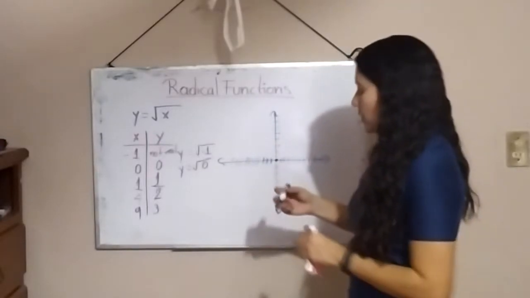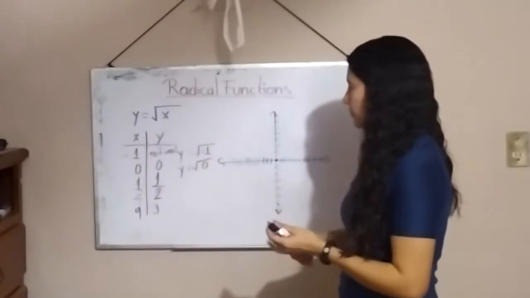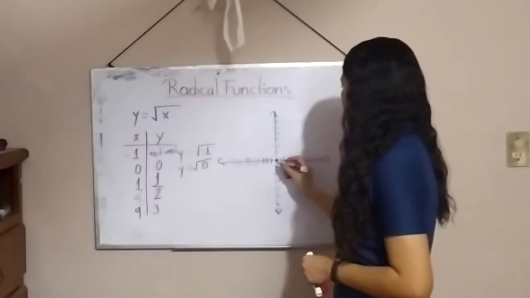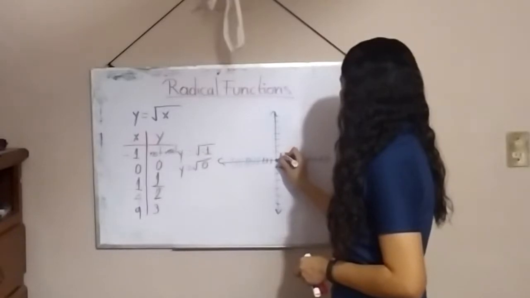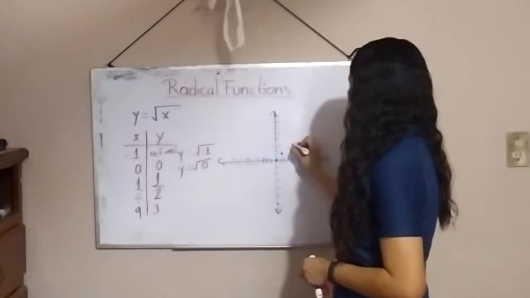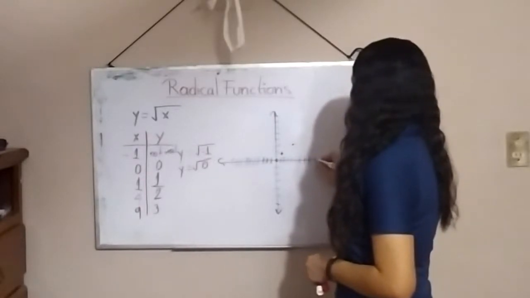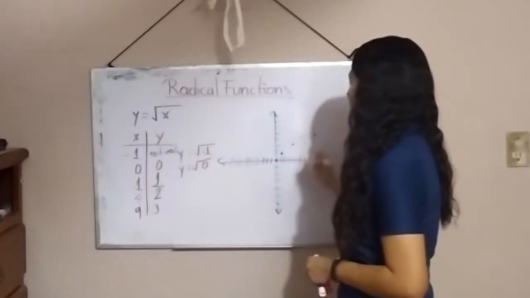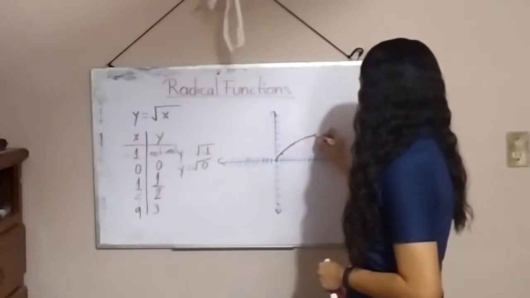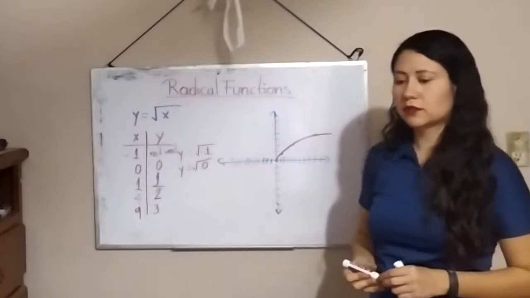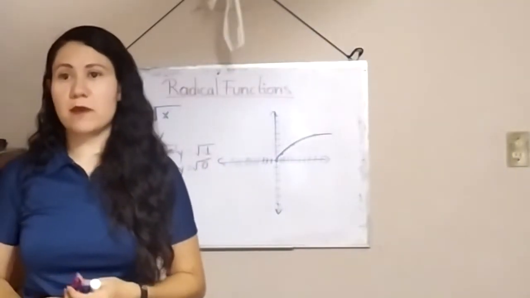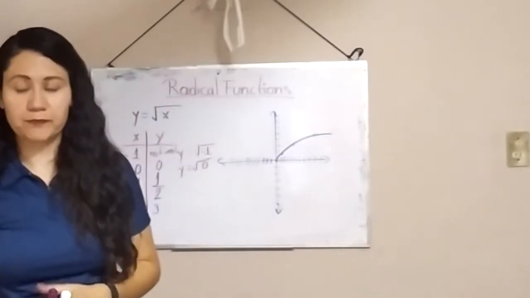Let's continue with our graph. 0, 0, 1, 1, 4, 2, and 9, 3. And our graph is going to be a little curve. That is the answer to the basic radical function.